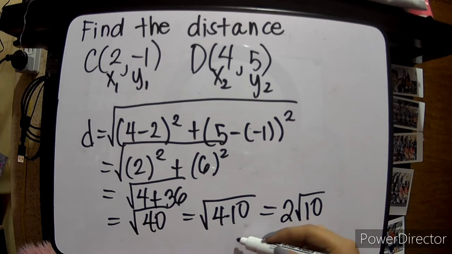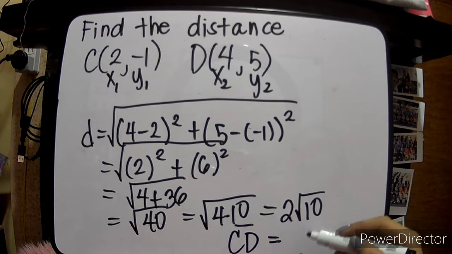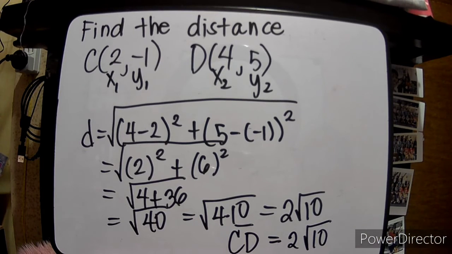So, the distance of segment CD is 2 square root of 10. So, ganun po, hindi pwedeng hanggang dito na lang dahil you need to find if there's a perfect square factor sa pagbuha ng distance.